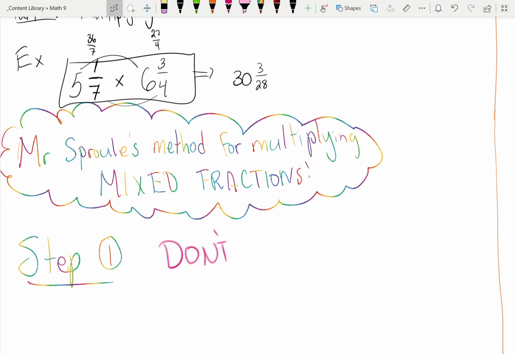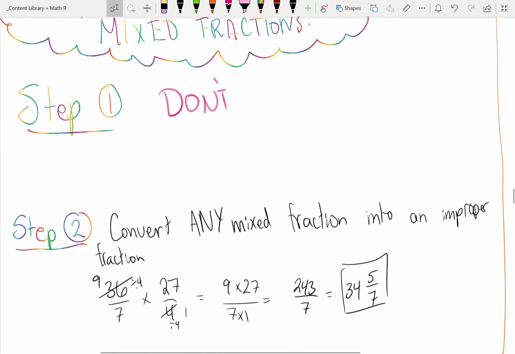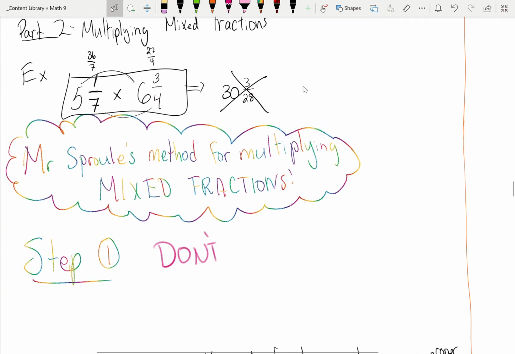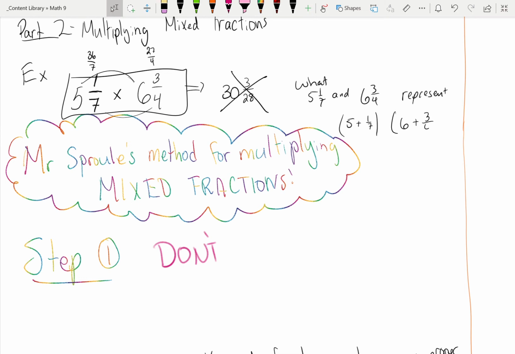The issue with this is, first off, it's different than my answer, but really it comes down to what 5 and 1 out of 7 and 6 3/4 represent. Really, what these are saying is 5 plus 1 over 7, and 6 3/4 is 6 plus 3 over 4.